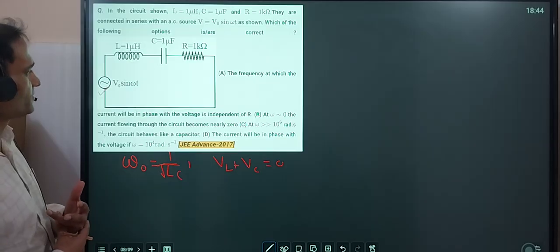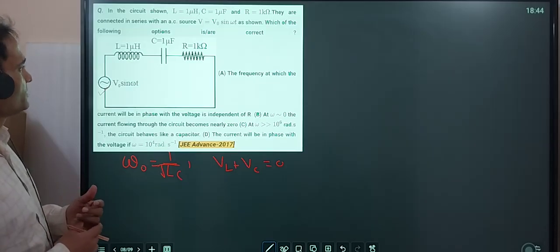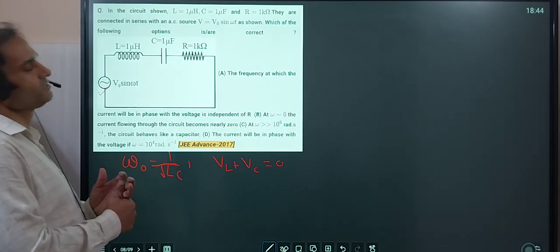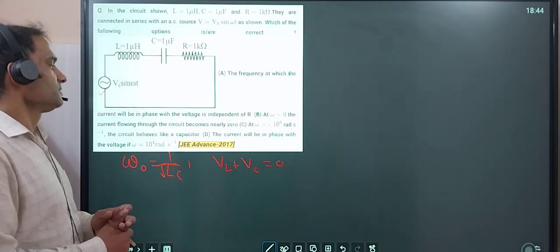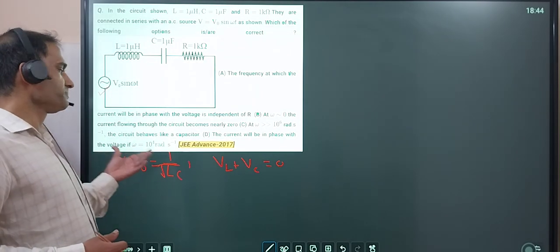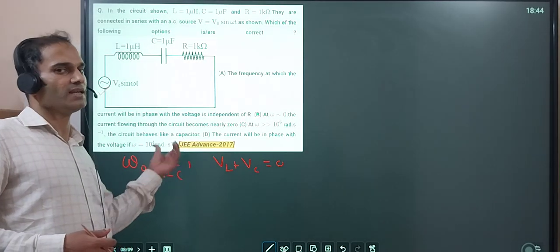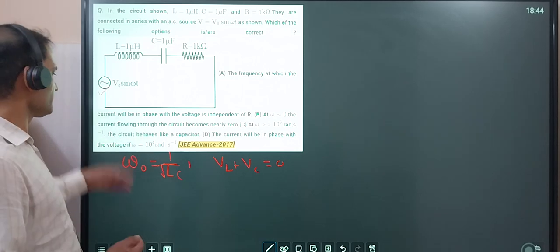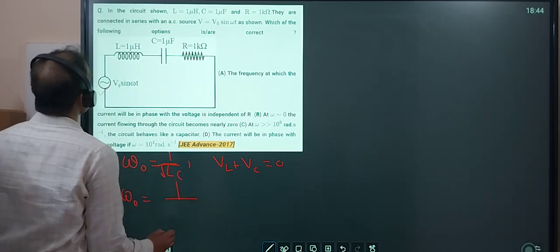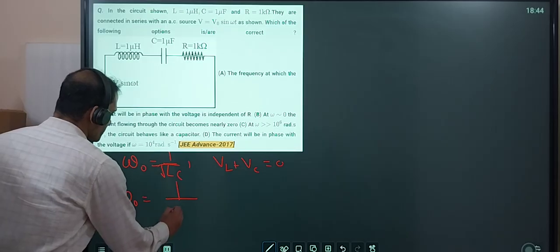Current will be in phase with voltage is the frequency at which current will be in phase is independent of R. Yeah, that frequency is independent of R. That frequency depends on L and C. Okay, and we can find that frequency also. So this is 10 to the power minus 6.